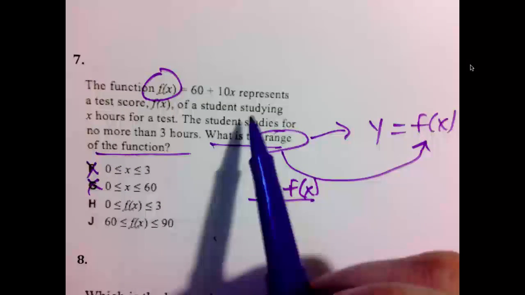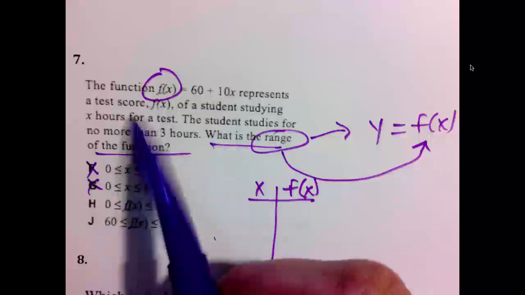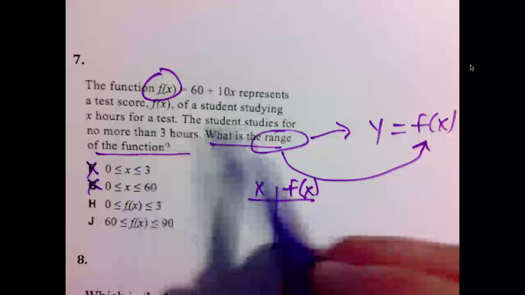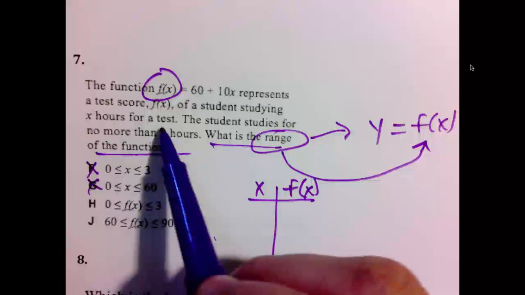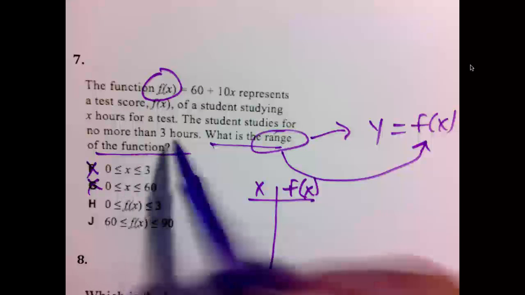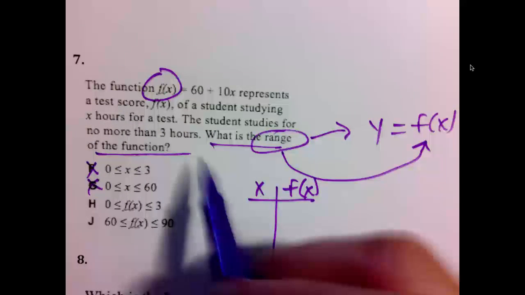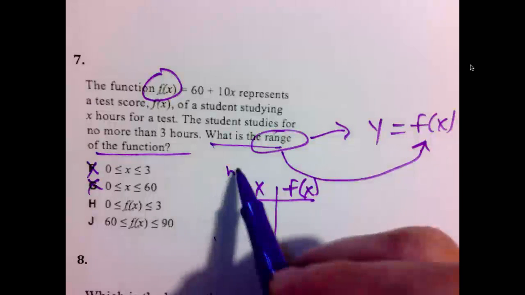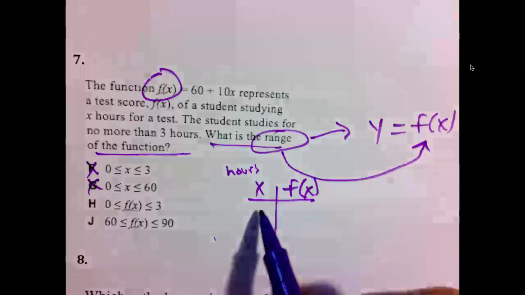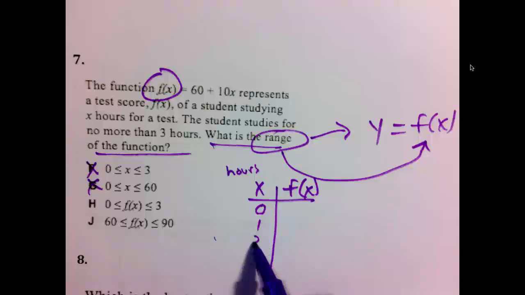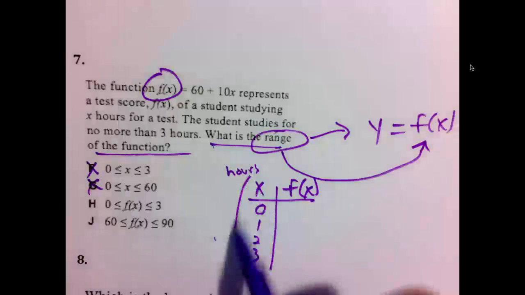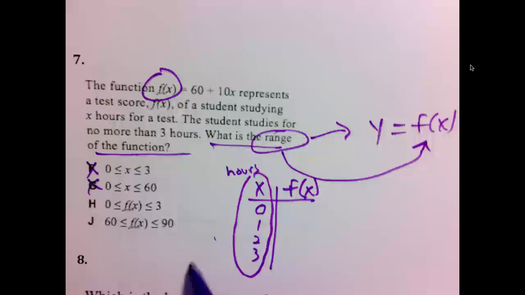It says the function represents a test score, so these are my test scores, of a student studying x hours for a test. The student studies for no more than 3 hours, so my x is my hours. The hours are going to be no more than 3. The hours are 0, 1, 2, and 3. This is my domain. Okay, so it's definitely not h. Alright. The range is the output.